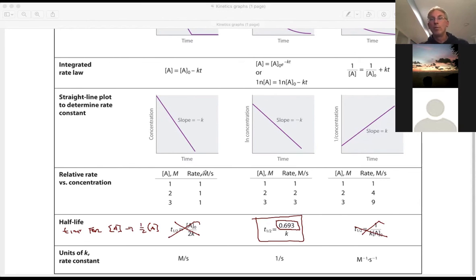No, what's happening to your rate? It's not staying the same, because remember, if we drew out the rate graph, it curved. Oh, are you talking about the first order? No, for first order. Oh, okay, I thought you were talking about the 0th order.